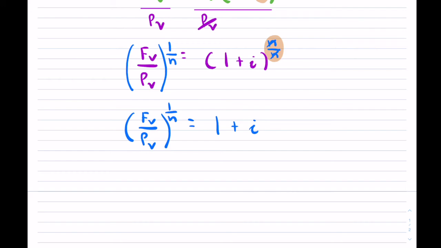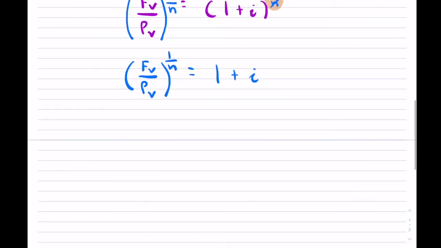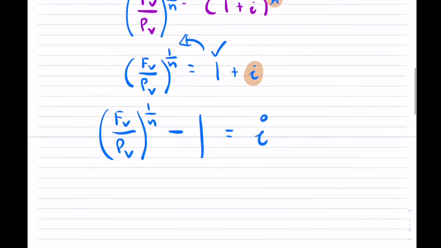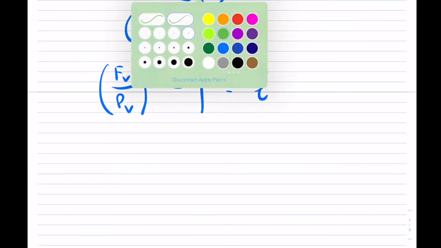All right, so that's really the trick. Now, in order to solve for i, I have to move this 1 over to the other side, and obviously it will turn negative. So I will have future value over present value, to the exponent 1 over n, minus 1, because I shifted that over, is equal to i.